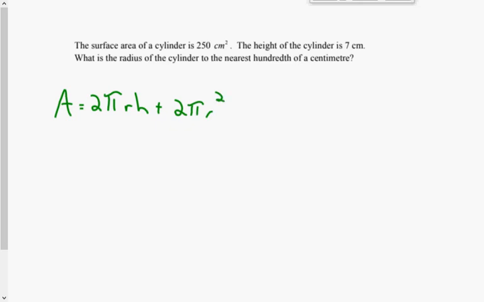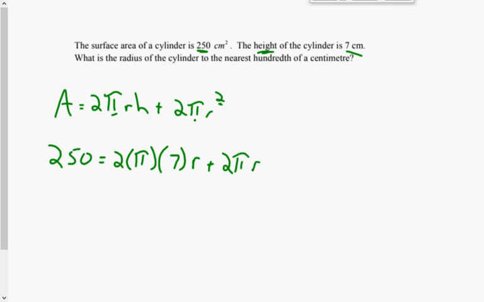Okay. So now we know we've been given the area, and we've been given the height. It's 7 centimeters. And we know what pi is. So the only thing we need to solve for is r. And if you look here, because of the r squared, this is actually a quadratic. So we can use the quadratic formula. So if we plug in all the numbers that we have, two times pi times 7 times r plus 2 pi r squared.